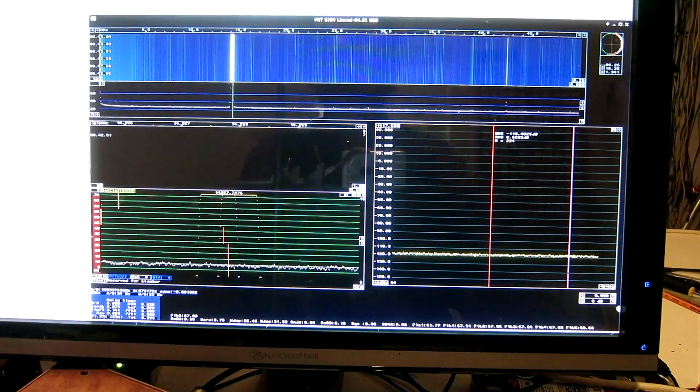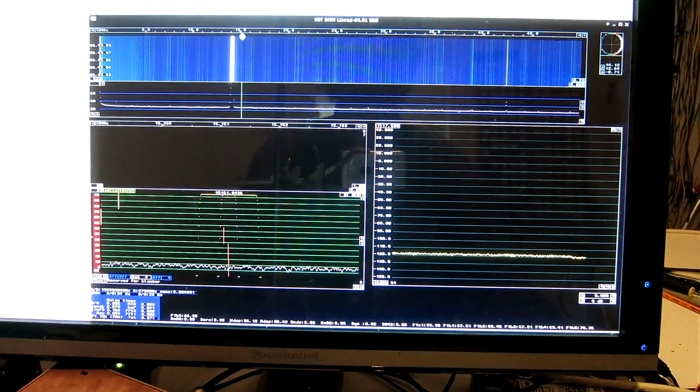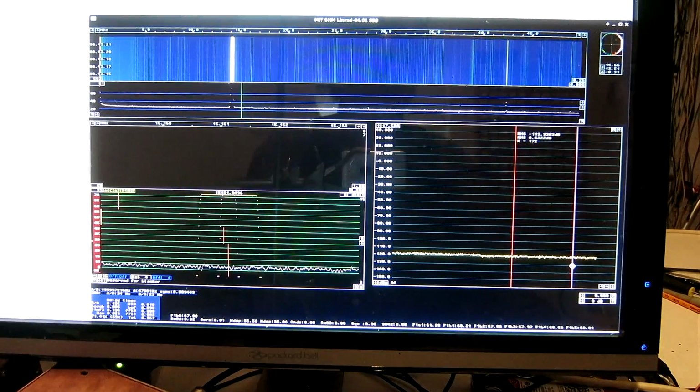And if I go 1 megahertz away, here, the level goes down very little. So 119.9, that means 149.9 at 1 megahertz.